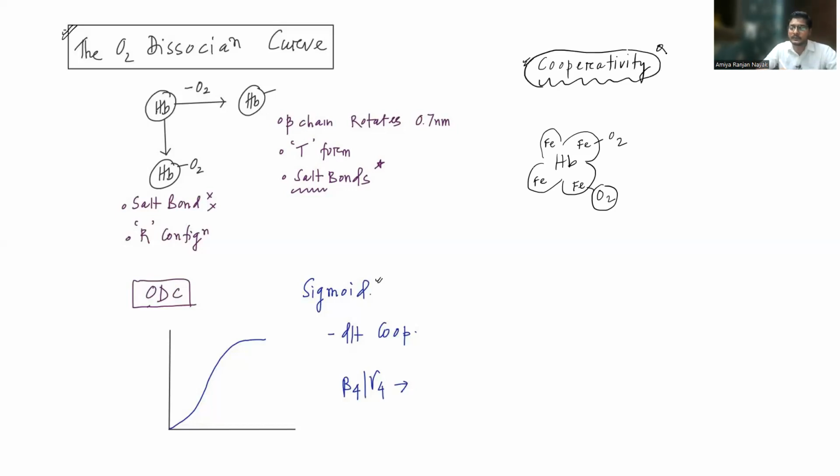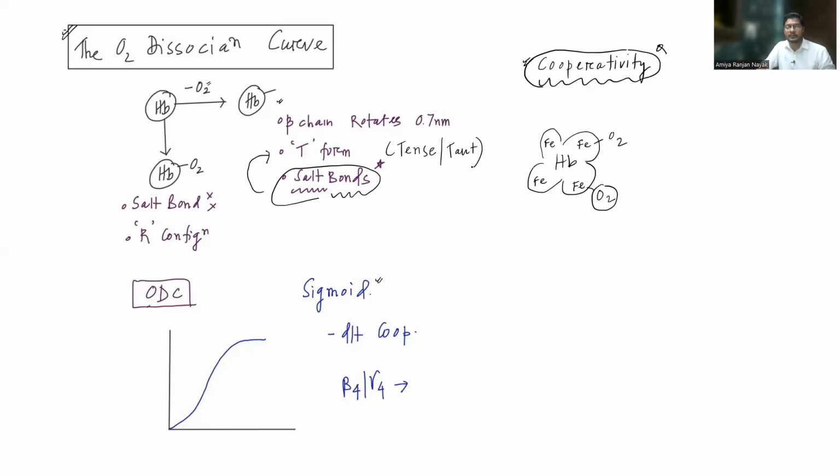Now, how this happens, we can understand from this diagram. If you take out 1 oxygen molecule from the hemoglobin, there will be formation of some salt bonds. These salt bonds will make the T configuration, which is otherwise known as the tense configuration, or sometimes the taut configuration, whatever you want to call it.